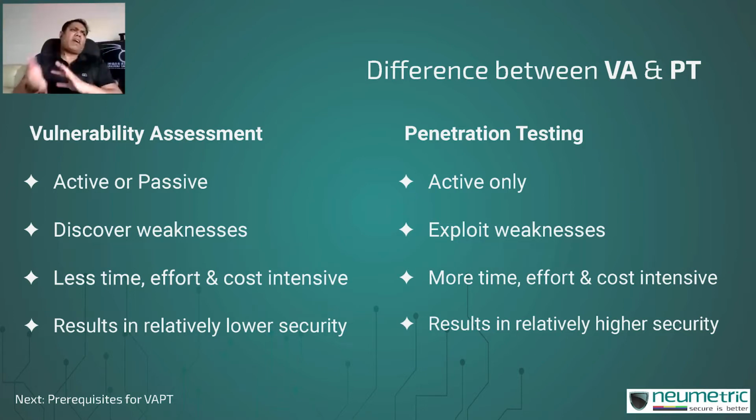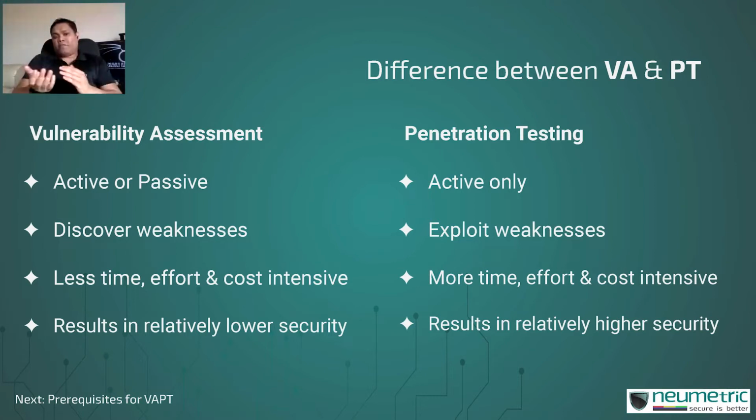What is the difference between active and passive is that typically passive activity will not be identified by, let's say, an intrusion detection system that you may have, or it may not trigger any of the rules of your web application, because what you're doing is not really actively engaging your target, the target being the web application. In case of active, you try to do things that are more intensive, and because of which it is called active. You're actively engaging with your target.